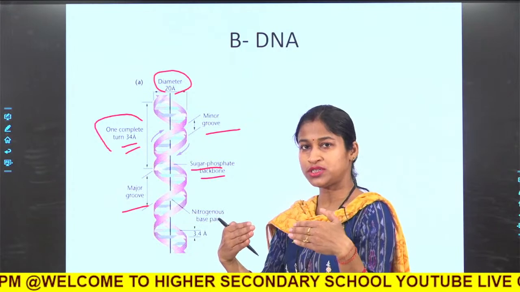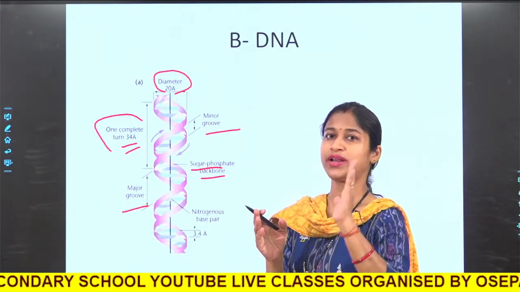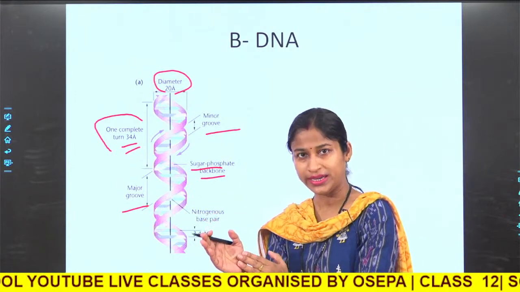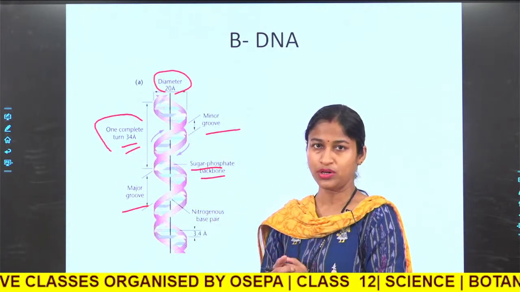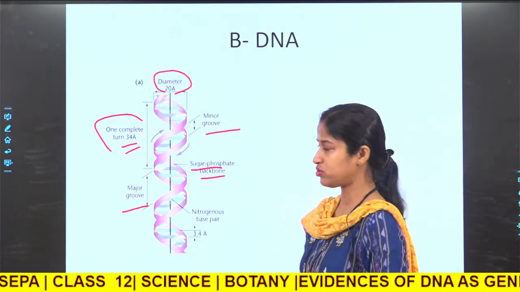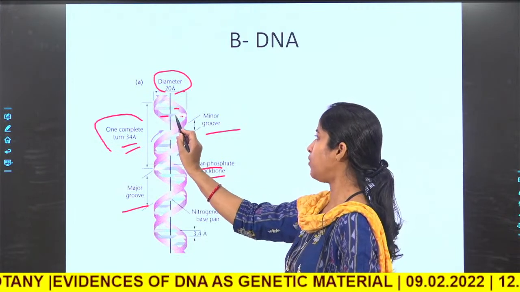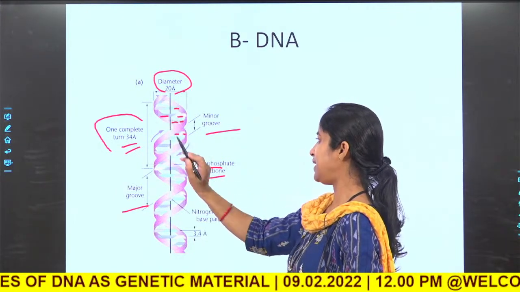The nitrogenous bases are projected into the helix, and when they come closer to each other, A with T forms 2 hydrogen bonds, and C with G forms 3 hydrogen bonds. Likewise, the nitrogenous bases form complementary base pairing.